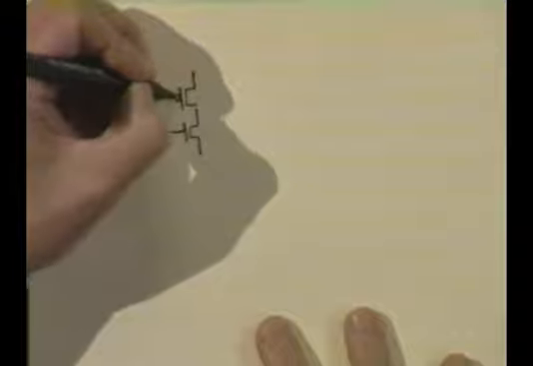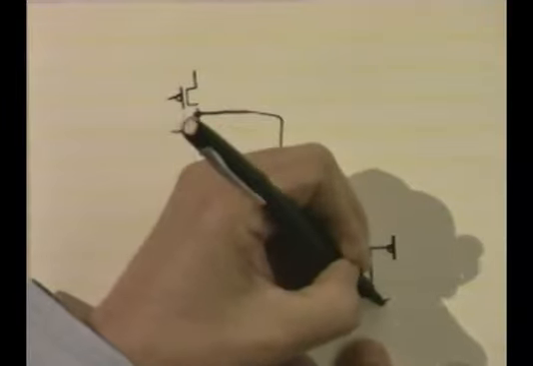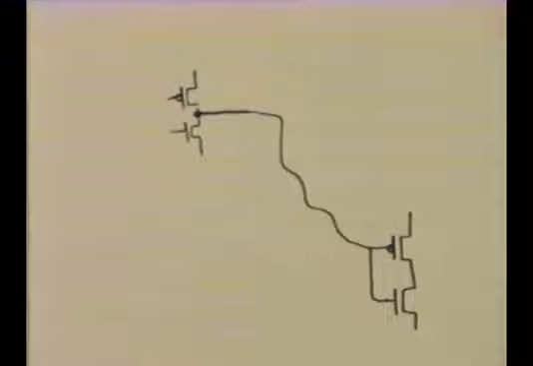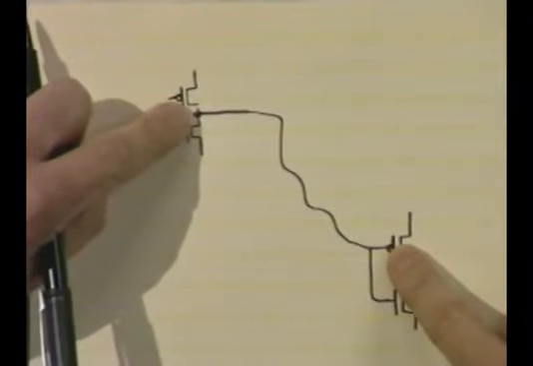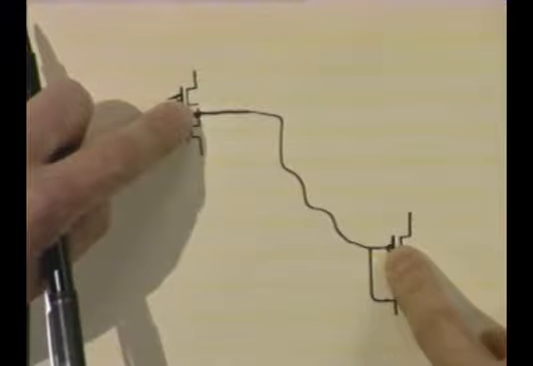Here's a gate. And it goes to a long wire, and it drives some other gates, okay, over here. Now you have to remember all sorts of things, like this wire here, the distances are very small, right? If this were a millimeter apart, that would be a huge, vast, long wire in an integrated circuit, okay?